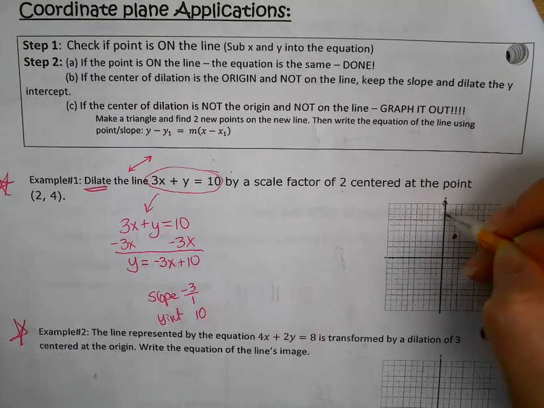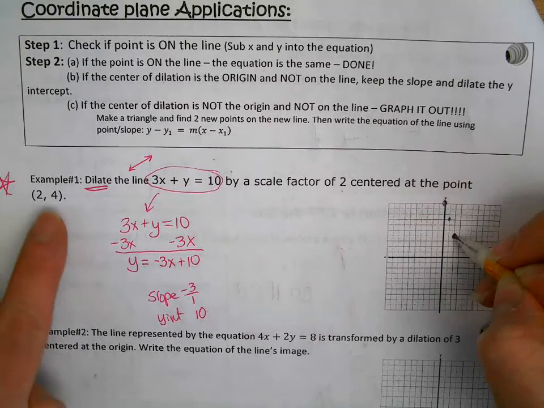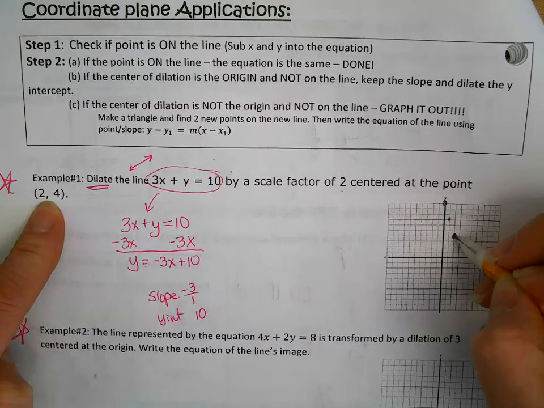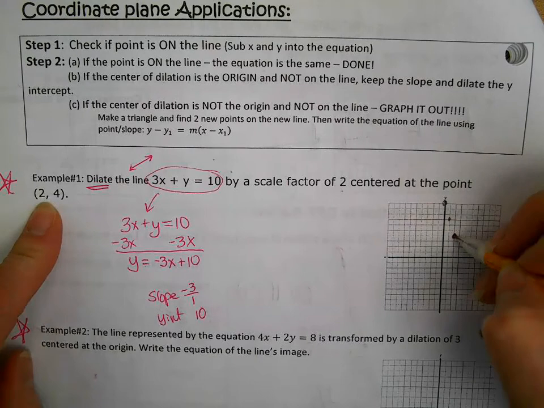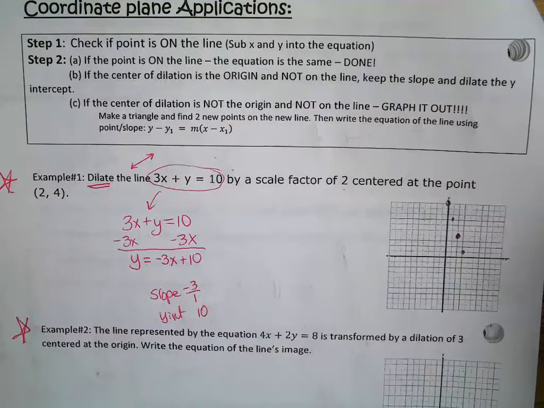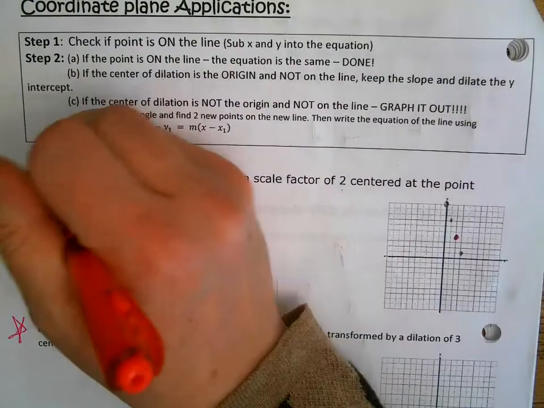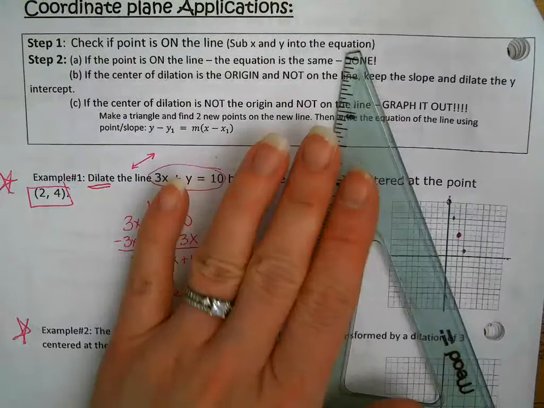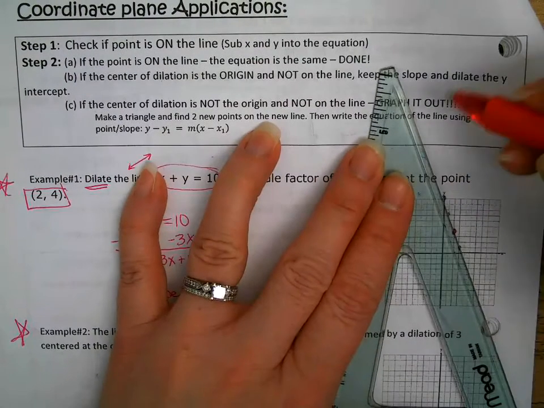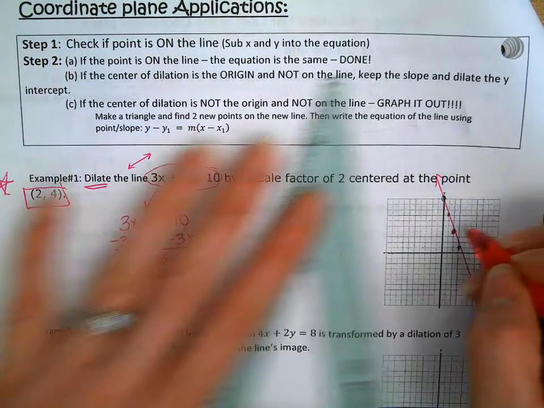When you rise 3, run 1, rise 3, run 1, I've already hit that ordered pair 2, 4 that we're supposed to be graphing. Down 3 over 1. So that point, 2, 4, is on this line that is already infinite.